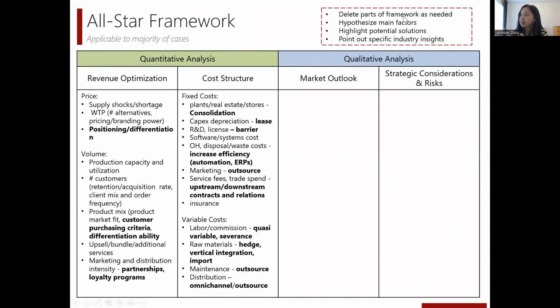These were the things that I talked about before of hypothesizing main factors, highlighting potential solutions, and then pointing out specific industry insights. So all these bolded points. So for example, consolidation, that is a potential solution to high costs. Also that leasing too.